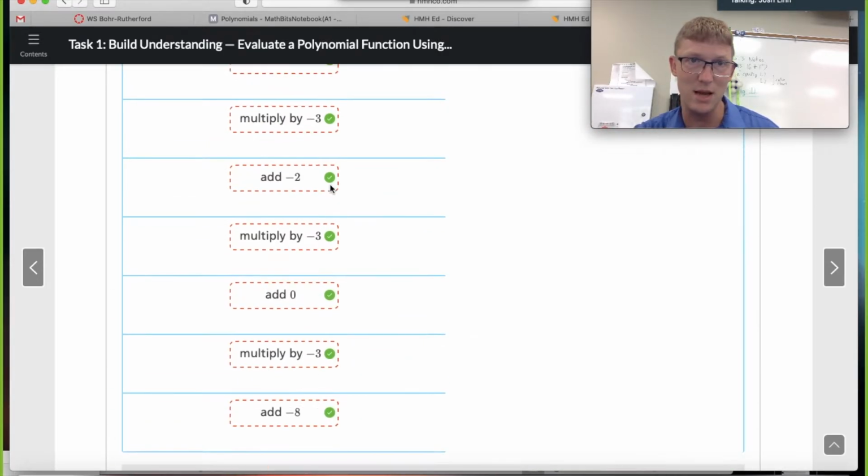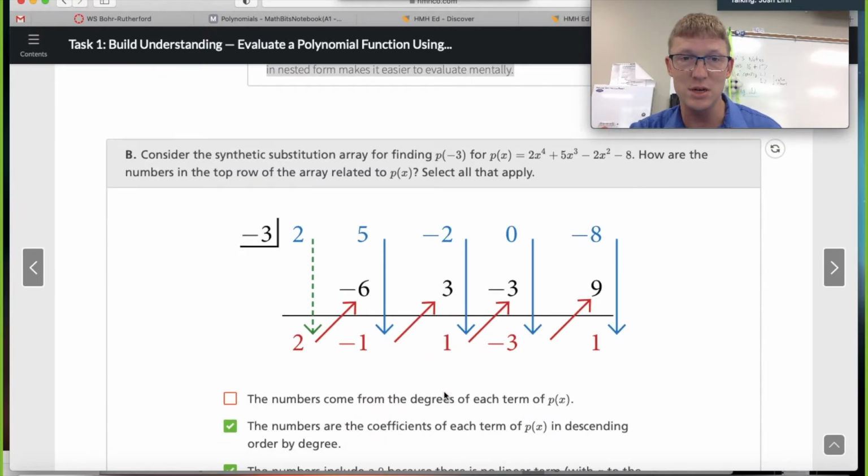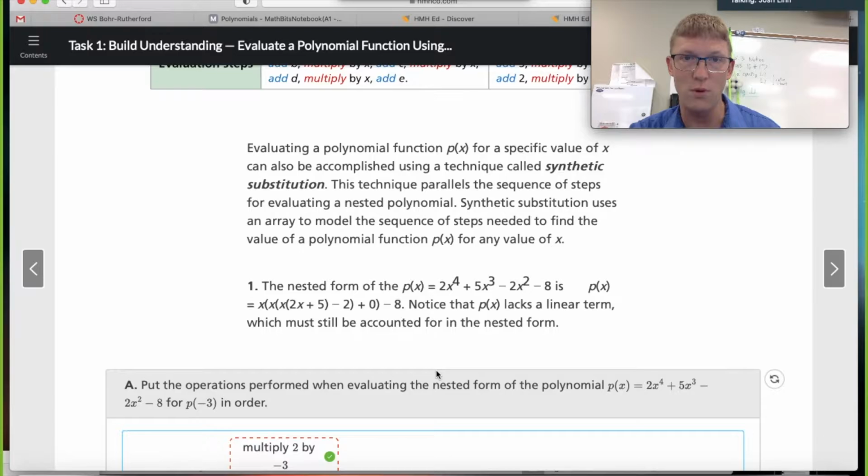That's why we did that up here at first. So if you look at it, 2 times negative 3, we did that in our synthetic division. Then we added 5 times negative 3, negative 2. So we followed this same pattern when we went through synthetic division. So that's the point that they're making, is that synthetic division is really just using this nested form.